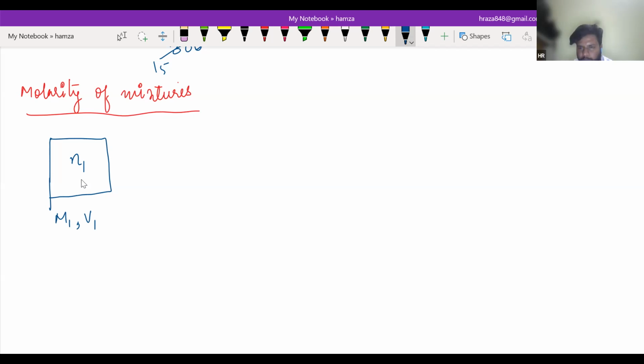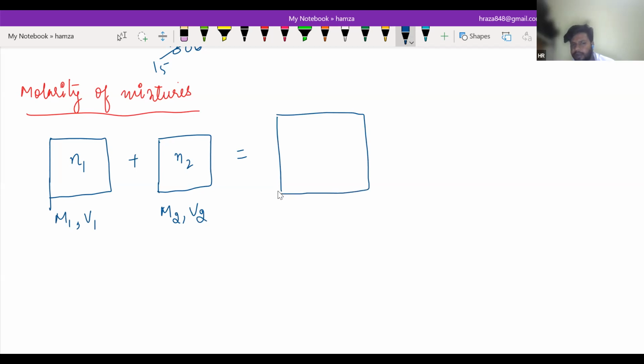Now there is another container which has number of moles of solute N2, molarity M2 and volume V2. Now take a bigger container and mix them together. This has molarity M, volume V, and number of moles N.